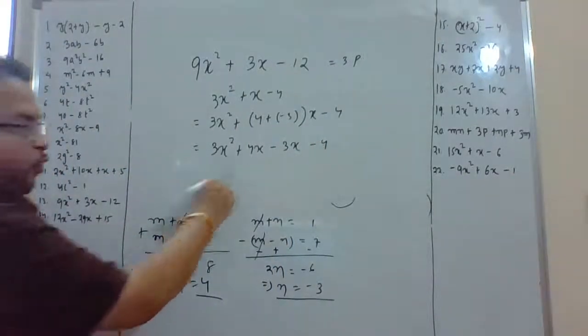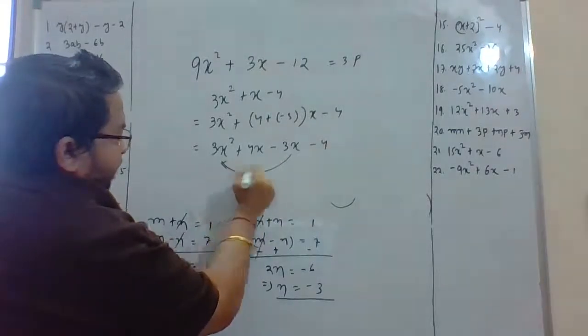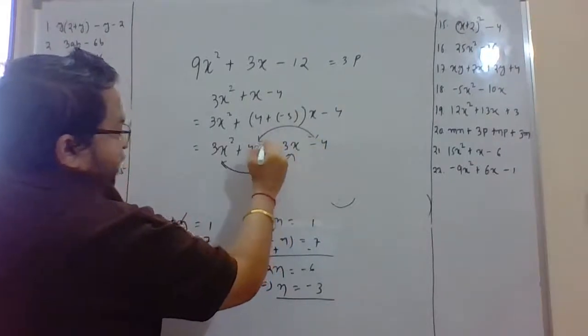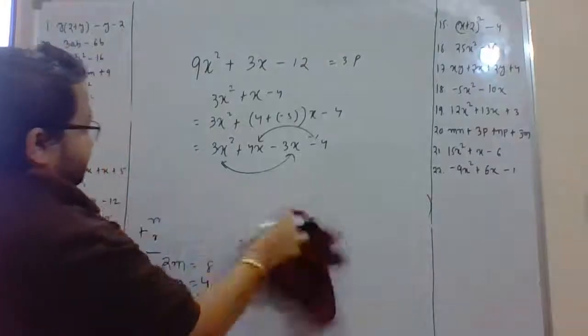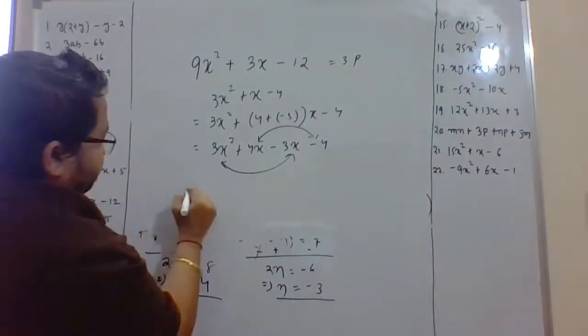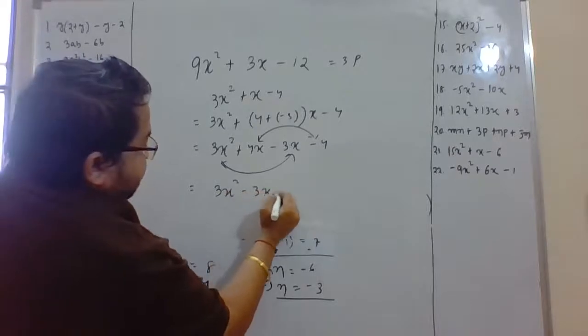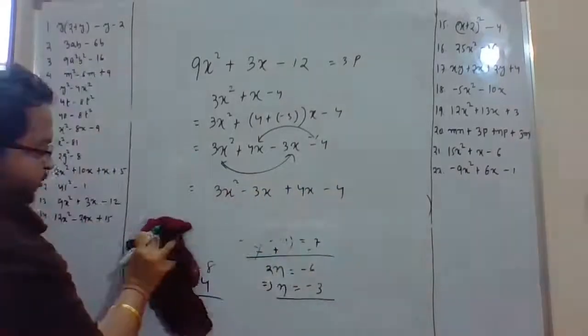So again 4 terms, but if I bring two together, I can take a common factor, and if I take the other two together, I can get a common factor. So I'll rewrite this part as 3x squared minus 3x plus 4x minus 4.